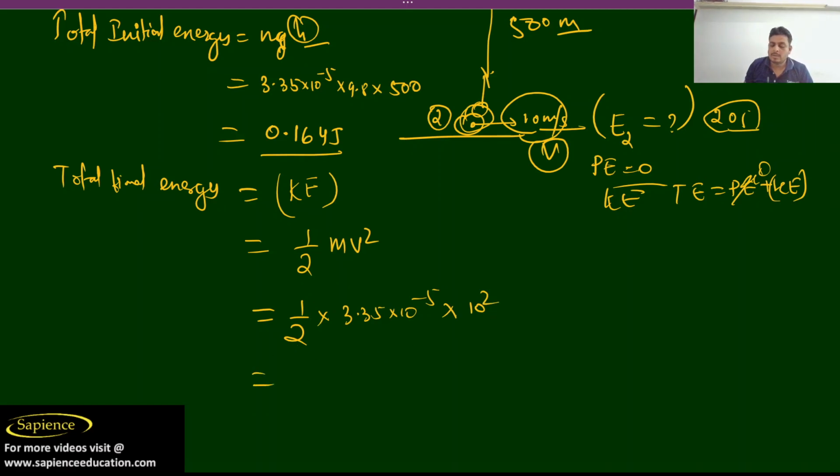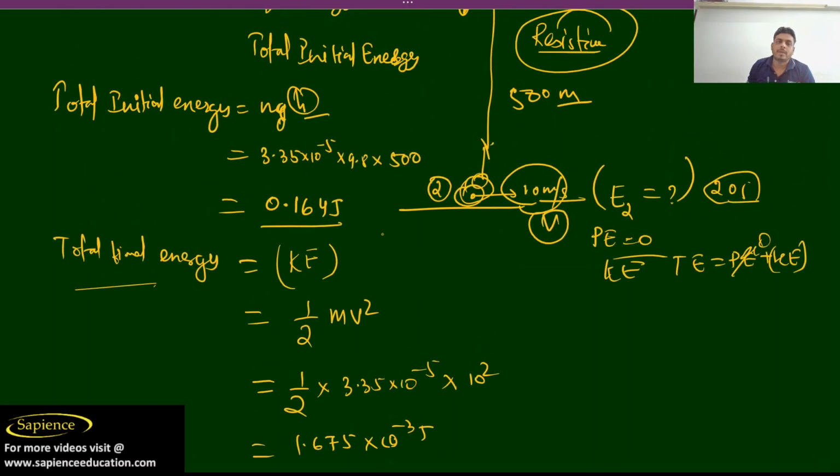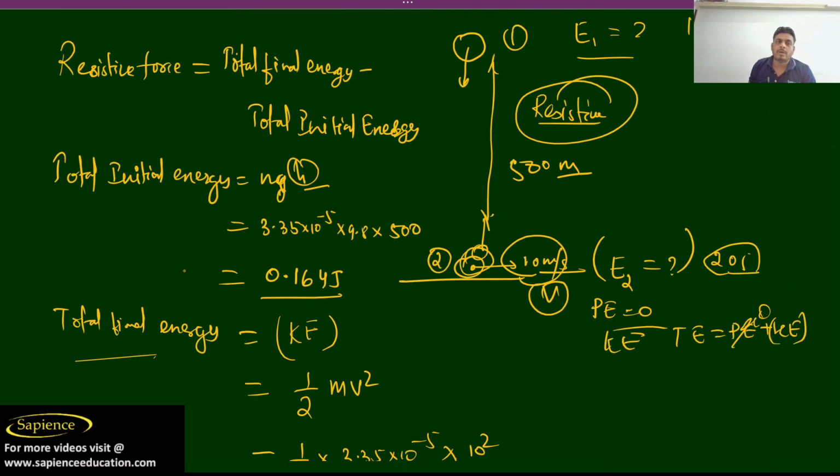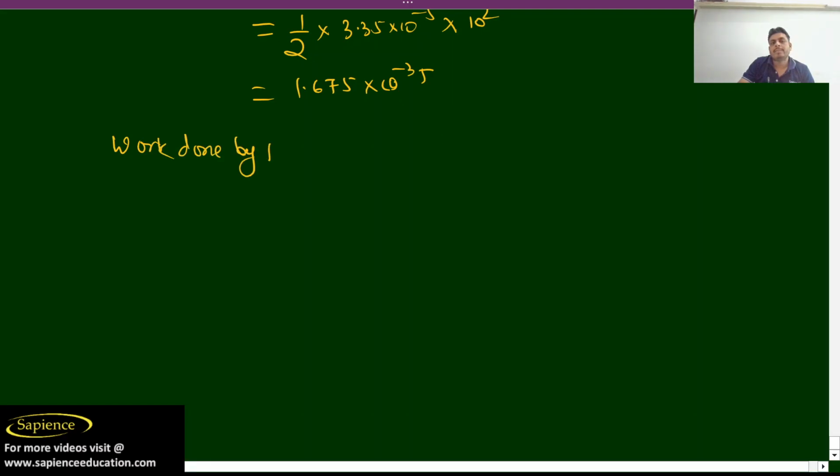Okay, so by solving this we will get 1.675 into 10 power minus 3 joule. So we have got total final energy and we have got total initial energy. So work done by the resistive force is equal to total final energy minus total initial energy.